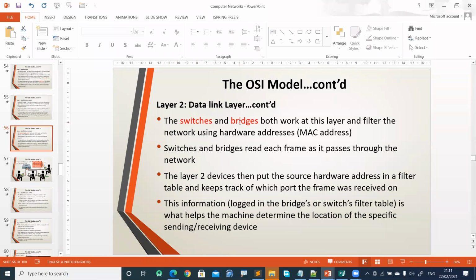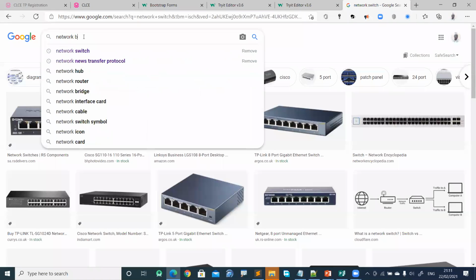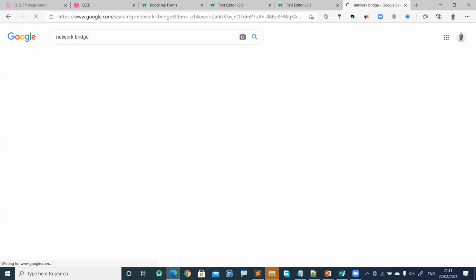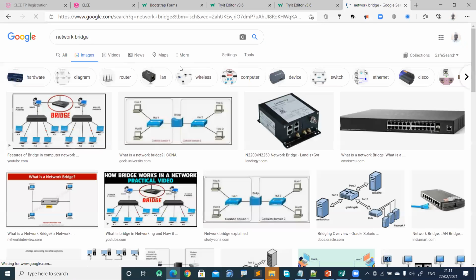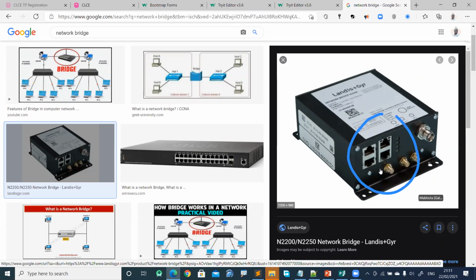First of all, before I go further, what is a switch? Bridge. A bridge is also similar to a switch. The difference is that a bridge has only two or three or four ports in this situation. Have you seen that one?